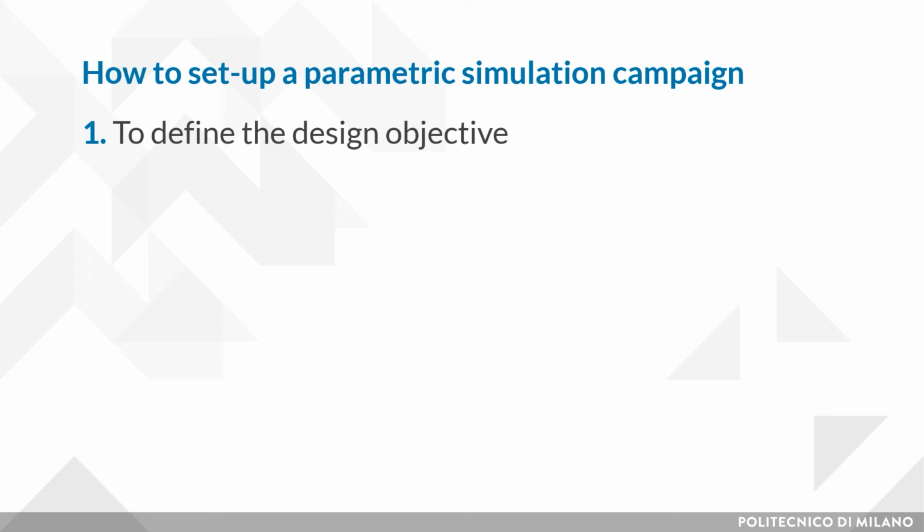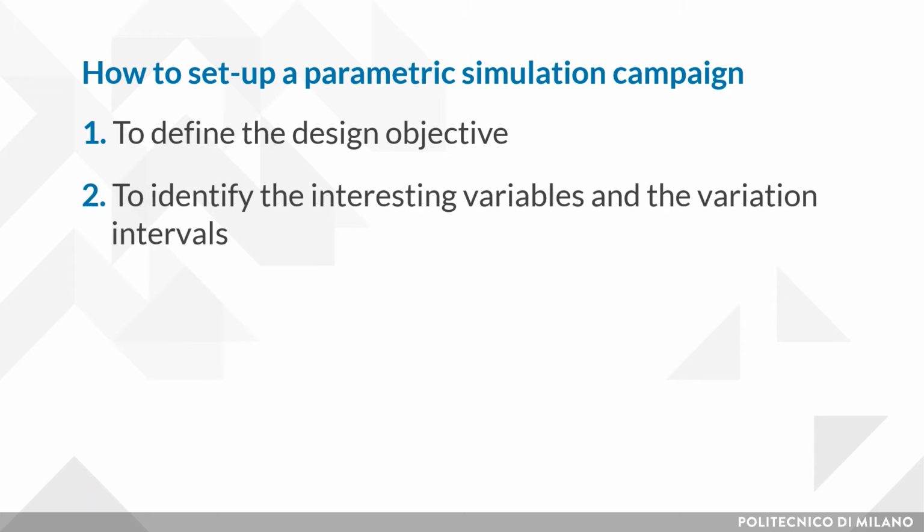As an example of possible parameters, we can consider energy saving, comfort, investment, or life cycle cost. Then, it is important to identify the input variables, also according to what we need to assess within the parametric study, and to define the variation intervals and the reference values.